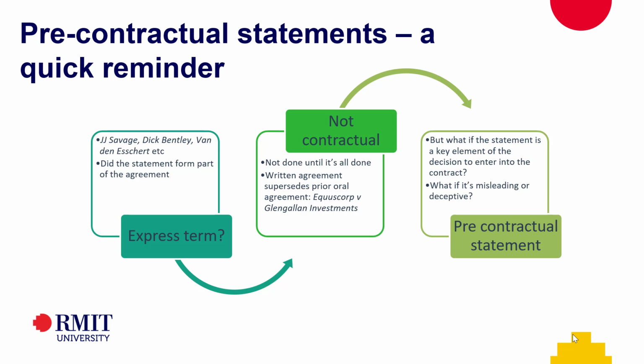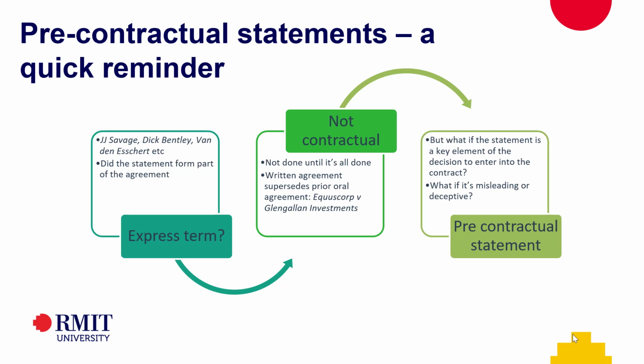We've got express terms, things that people have said, representations that have been made, and processes for thinking about whether or not those statements form part of the agreement. We then identify statements that are made that are never going to be contractual. In particular, opinions that are given and not meant to be promissory, and statements that are made during negotiations when it's clear that the end written agreement is going to supersede that.